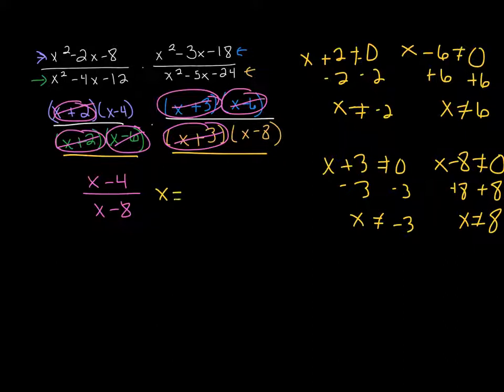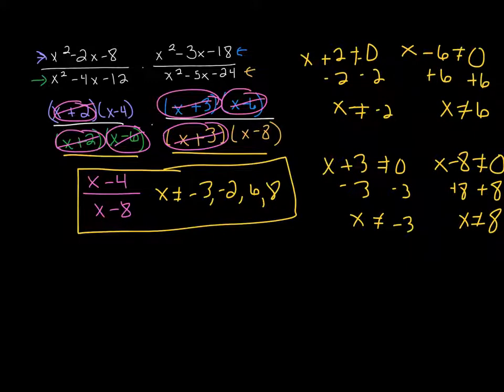So x cannot equal negative 3, negative 2, 6, and 8. I like to list them in numerical order to have it organized. So x minus 4 over x minus 8, and then x cannot equal negative 3, negative 2, 6, and 8.